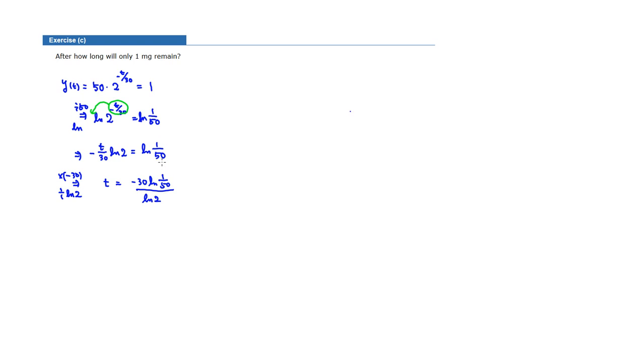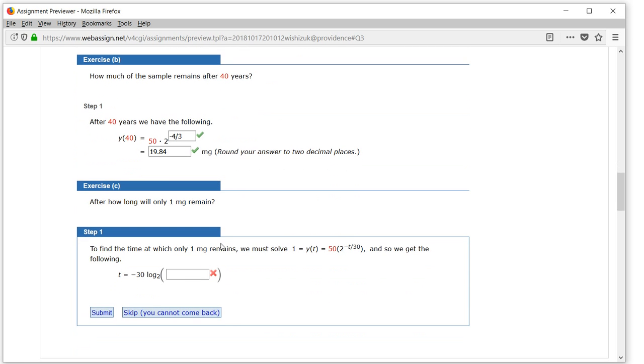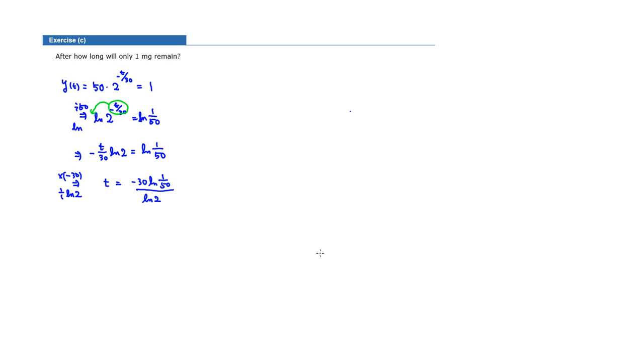Let me look at what they want. We want the negative 30 in front, and they actually want log to the base 2, so we have to do a change of base formula here. The negative 30 is sitting right here.